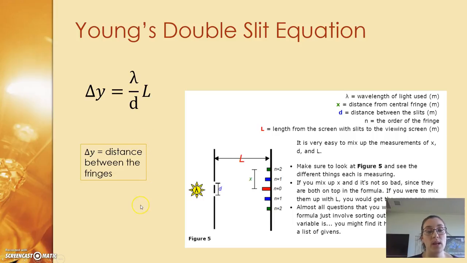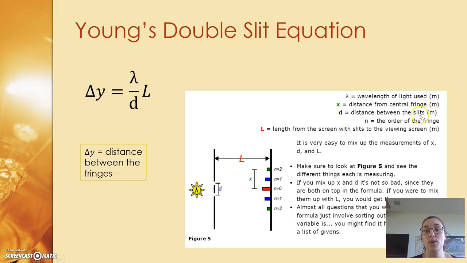We'll have a practice class on how to rearrange this formula, and also on how to convert into the right units of measurement. In the questions, wavelength is very commonly given in nanometers, which is times 10 to the -9 meters. Before you can use nanometers in your formula, it must be converted to meters.